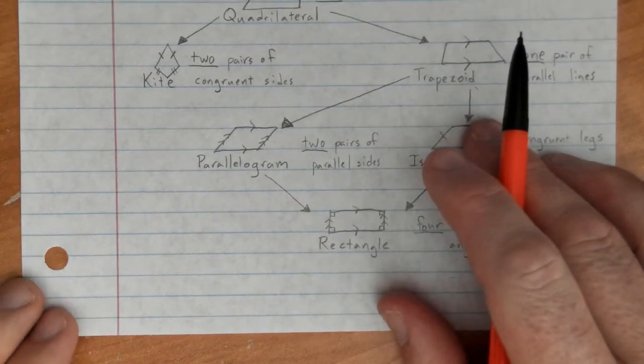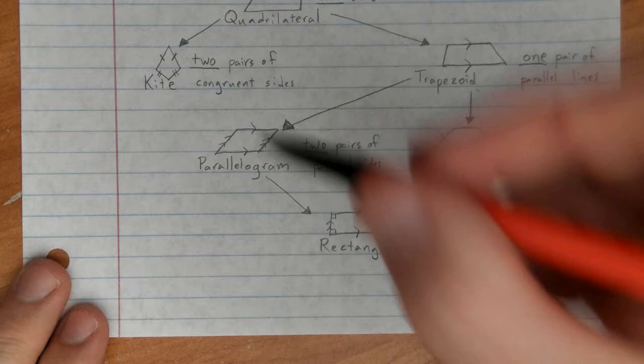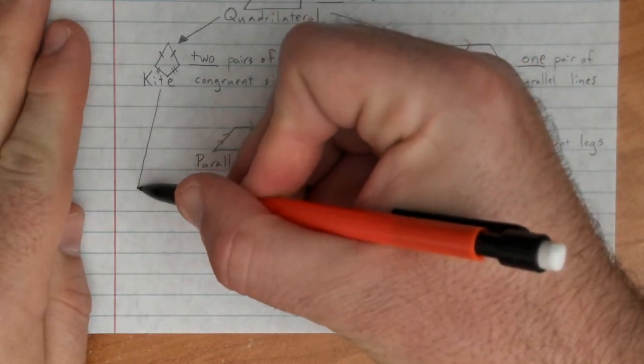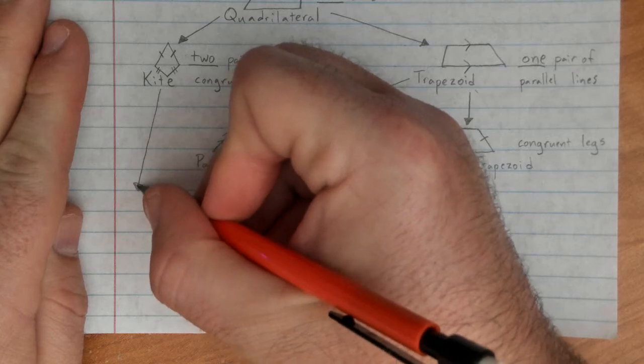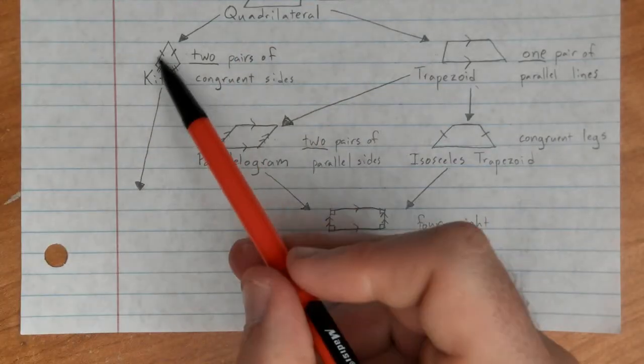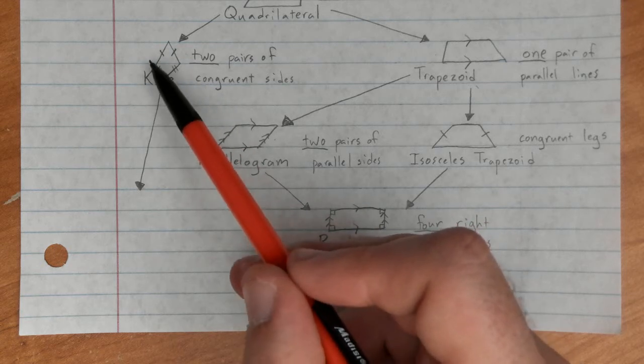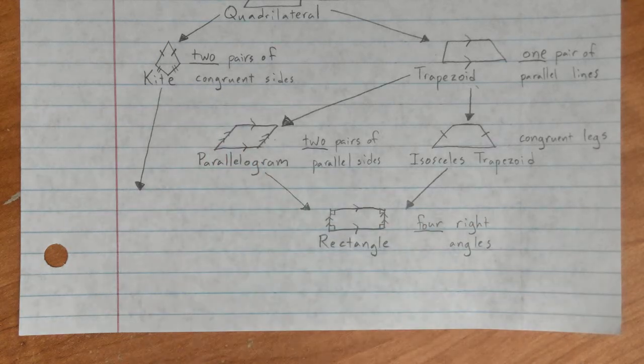But don't worry, our poor friend the kite is not entirely out of business here. Because the kite, remember, one pair of congruent sides, two pairs of congruent sides, but what if the pairs are congruent to each other?